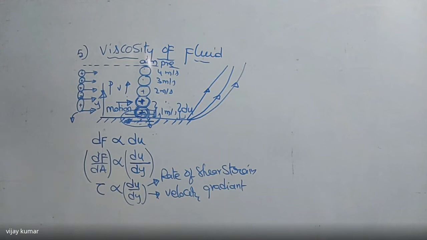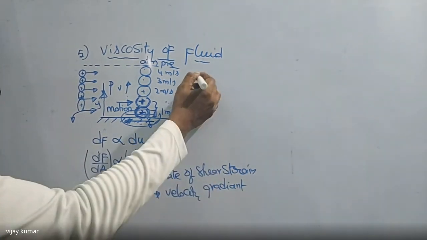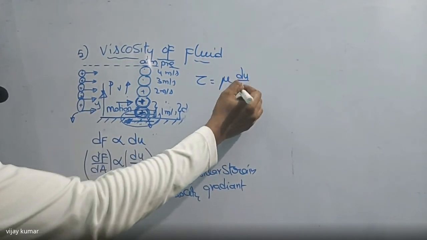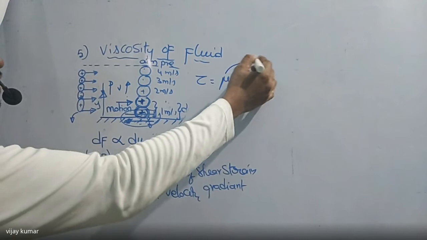Right? Now, if you want to remove this proportionality, we put in a constant. Tau is equal to mu into du by dy. That is the constant we put between the shear stress and the rate of shear strain. Mu is named as dynamic viscosity.